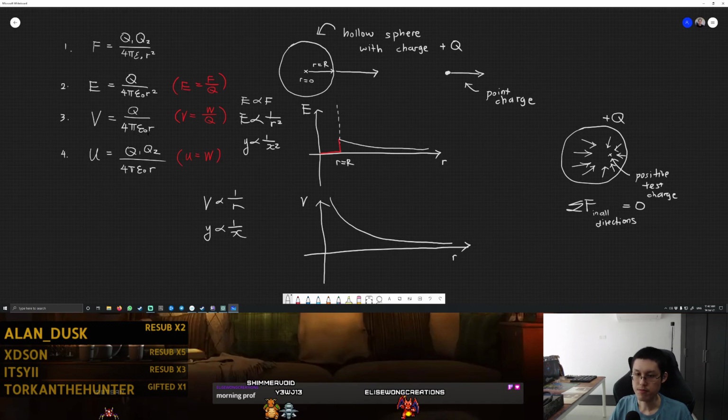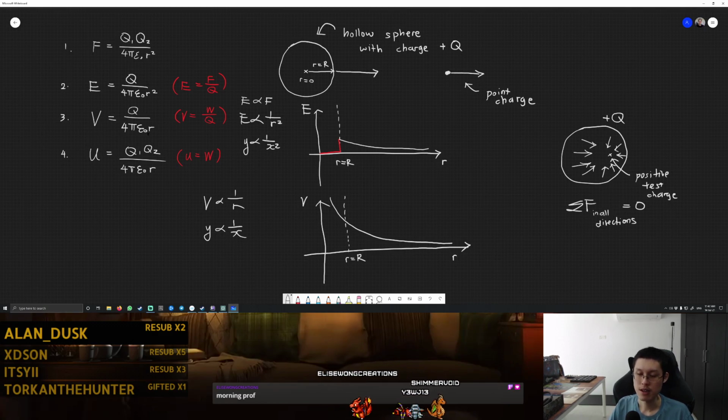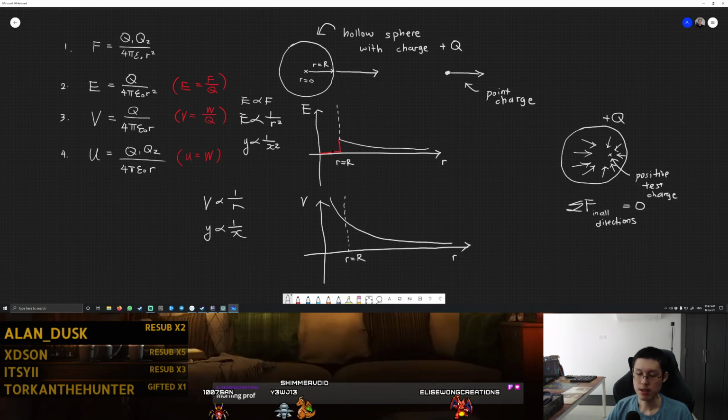Okay, so suppose this is the point where r is equal to the radius of the hollow sphere. What is this going to look like then? Is it going to look like this? The answer is not really, because if it looks like this and you have a charge at the surface, it's going to feel an attraction towards the center of the sphere, right?